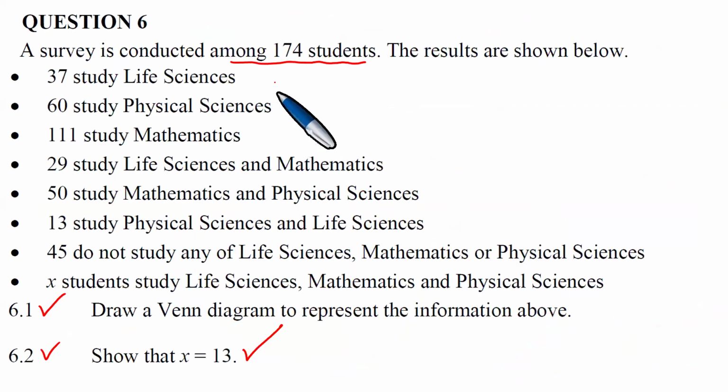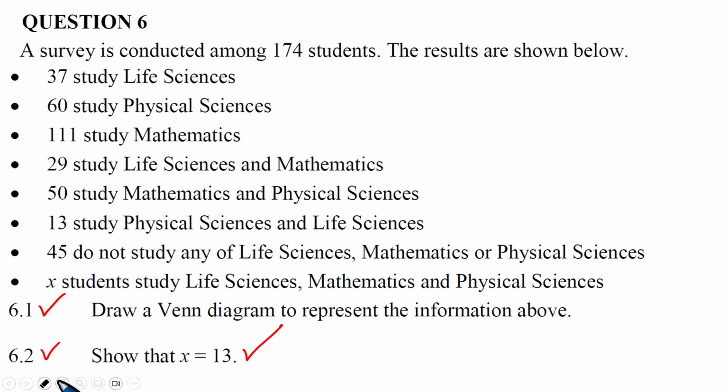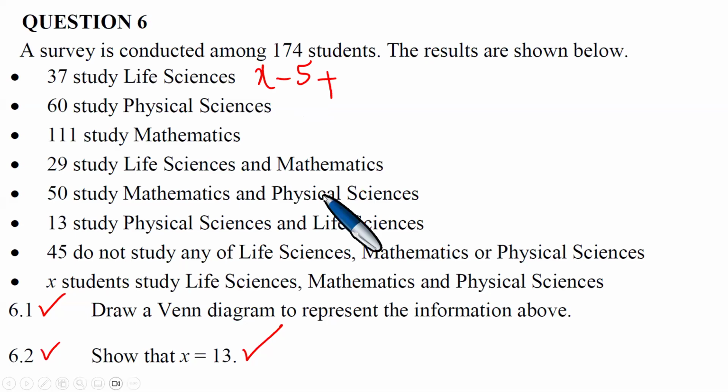So we're going to say exactly x minus 5 plus 13 minus x plus x, plus 29 minus x.